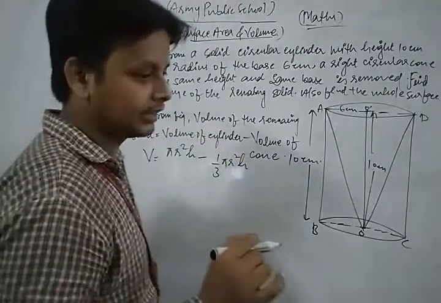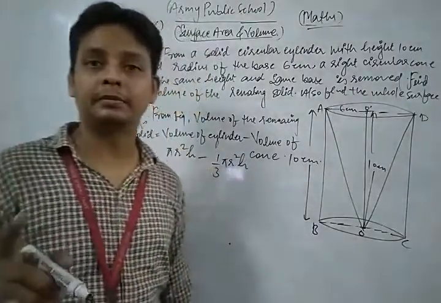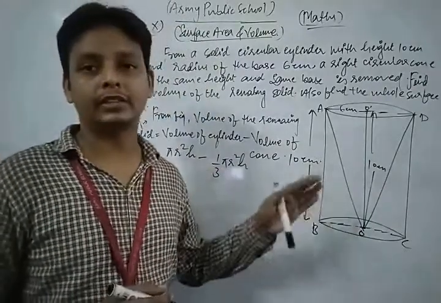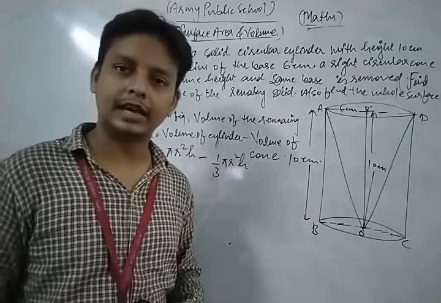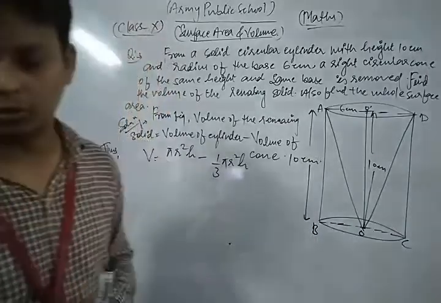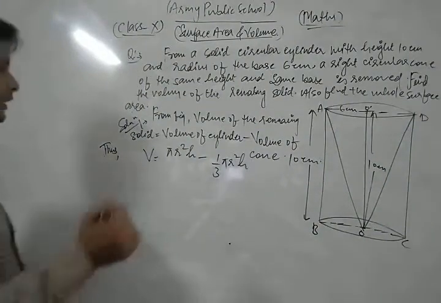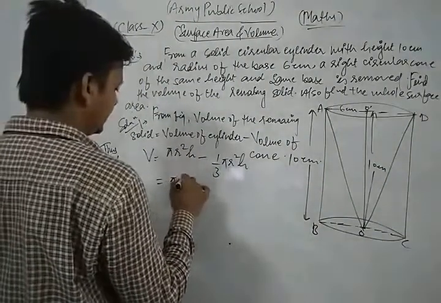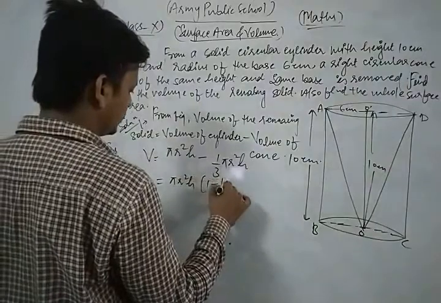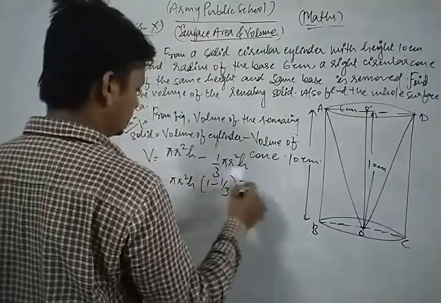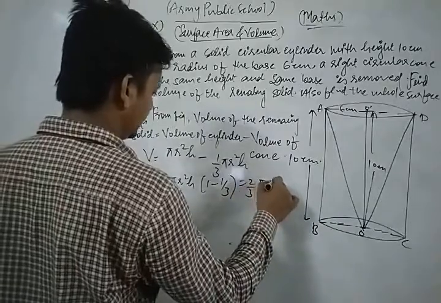We take r and h the same for both solids because the cone has the same height and the same base, so its height and radius will be the same. Now first of all we take pi r square h as common, so we get 1 minus 1/3, which is 2 by 3 pi r square h.